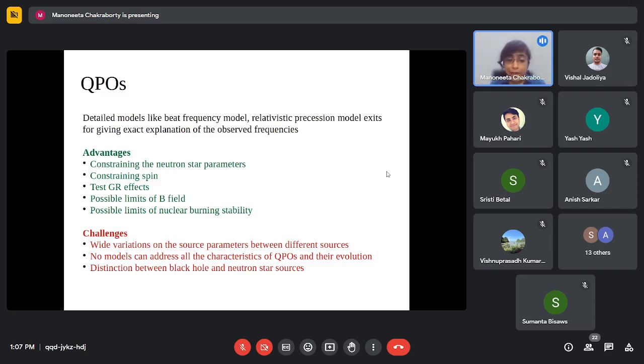And till now, there has not been a single model that can explain all the behavior of QPOs from all black holes and how they're evolving with time or energy or frequency. And there are a lot of questions that still exist with relation to them. And also, of course, I just said that the QPOs displayed by neutron stars and black holes are not exactly consistent. And the question arises why that is the case.